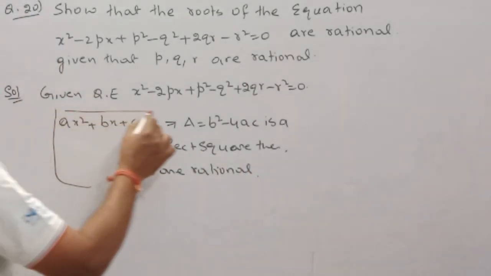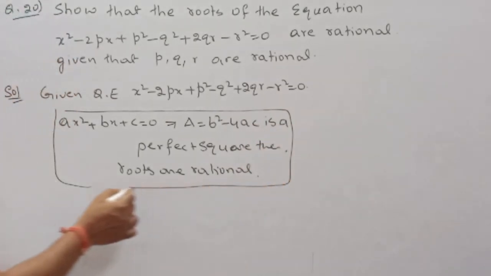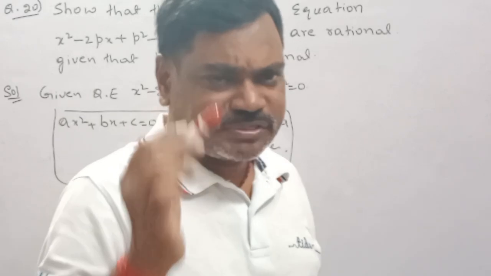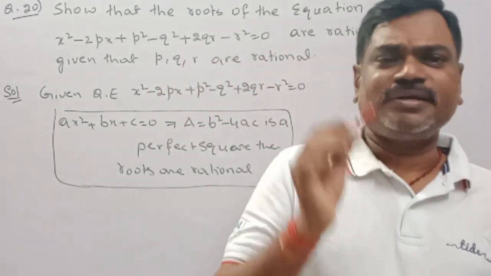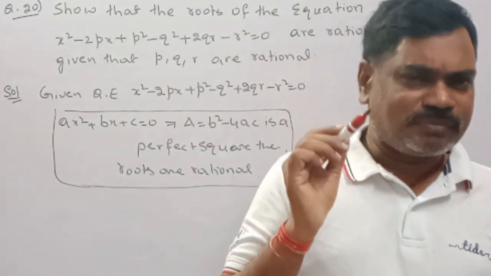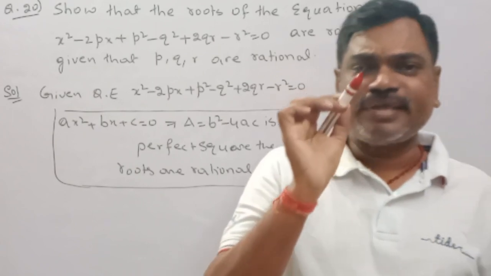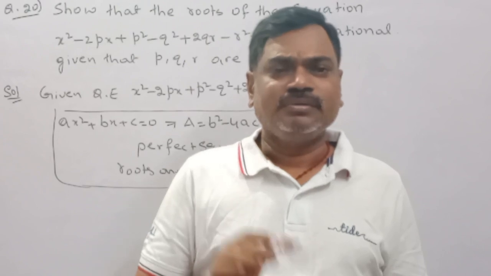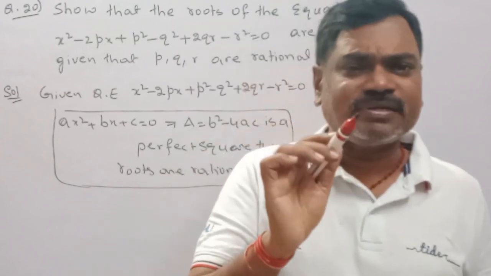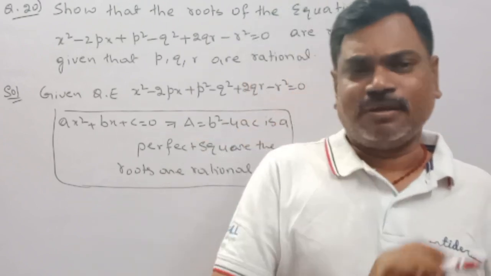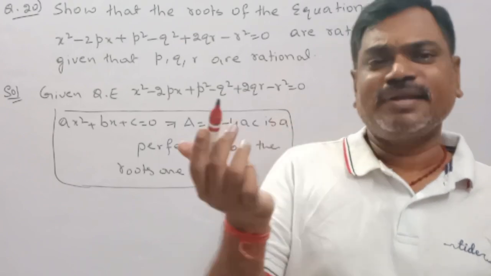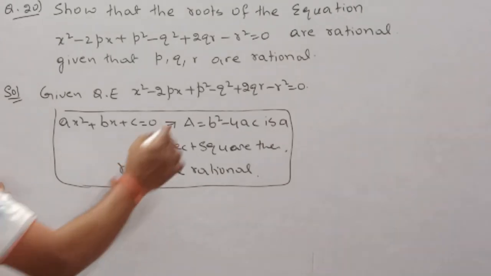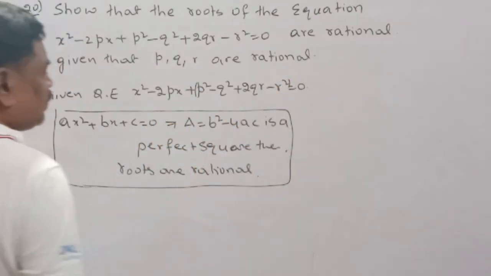We know this condition. In ax square plus bx plus c equal to 0, if the discriminant delta, b square minus 4ac, is a perfect square, then we say that the roots are rational numbers, otherwise irrational numbers. Okay, all of you. That's why here this is the consistency.